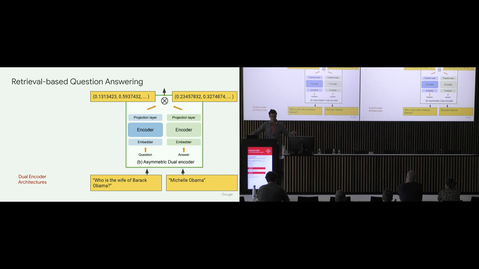The question would be passed over the question embedding tower, and this tower outputs an embedding vector. And the answer is fed into the answer embedding tower, which also outputs an embedding vector. For training, the loss we use is the distance between these two vectors, because we want the question and its answer, the positive examples, to be mapped close in the embedding space.